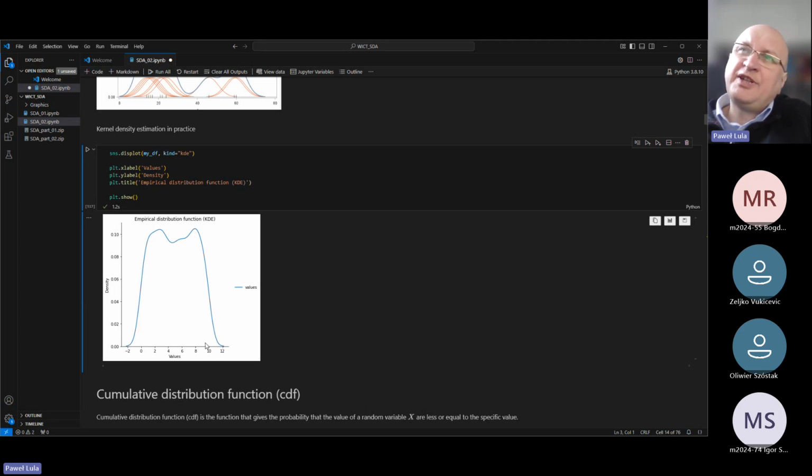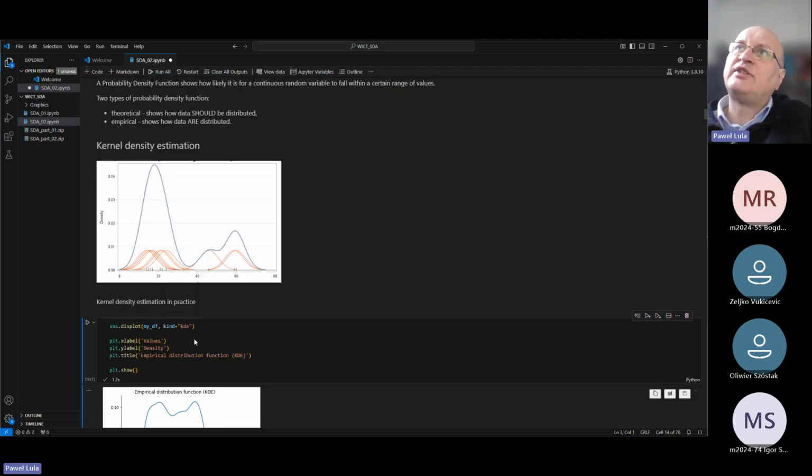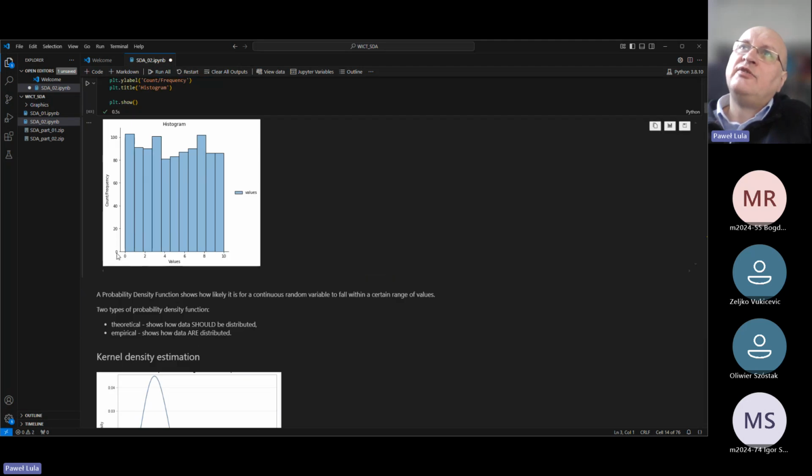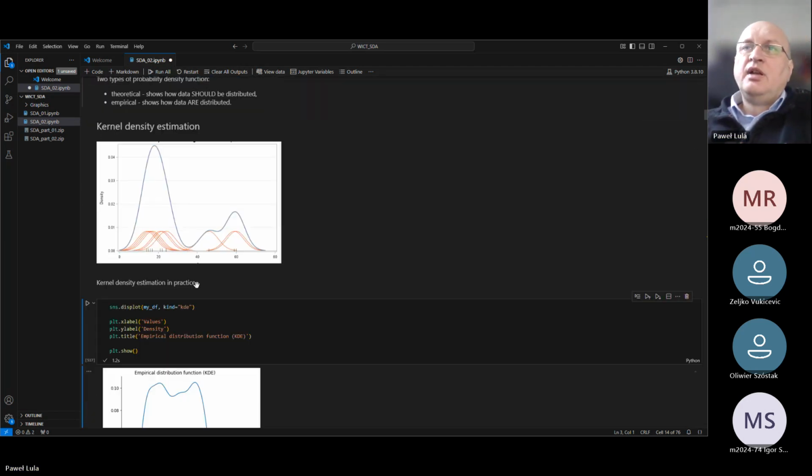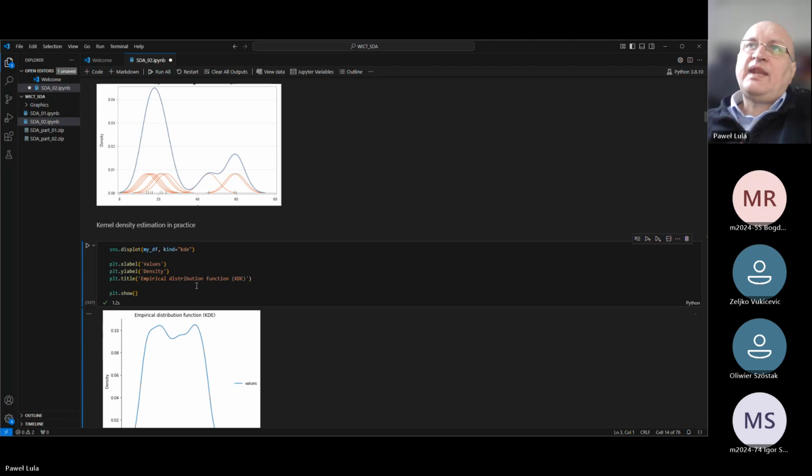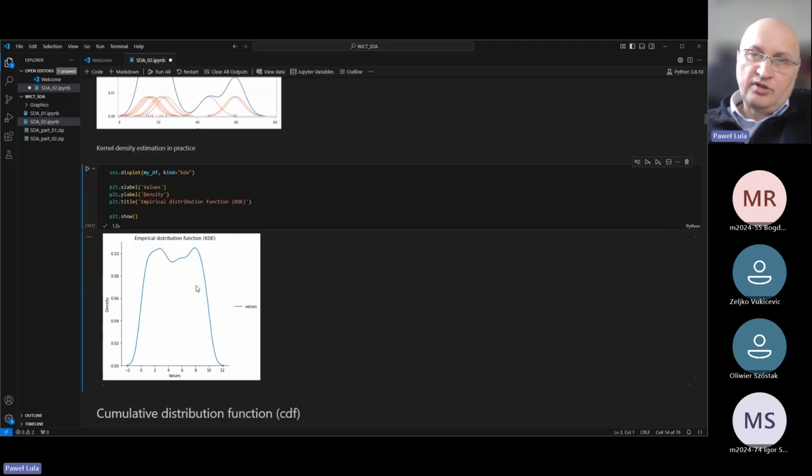Of course, I think that we see similarity between this shape and this shape presented here as a histogram, because the same information is presented on these two pictures. So it is the probability density function.